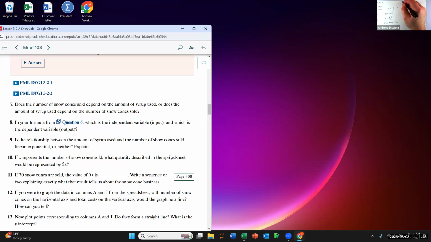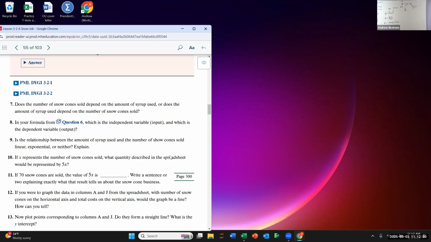So this is going to be, say, the amount of money made. So the profit is equal to mx plus b. This b here is a startup cost. m is money made per unit sold.